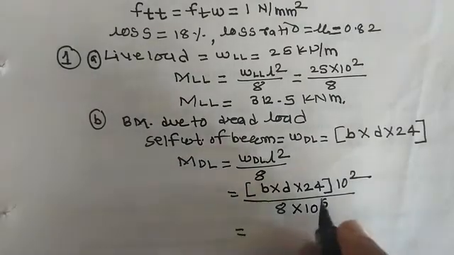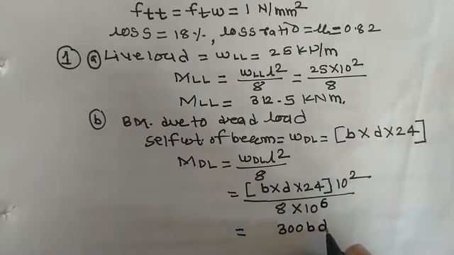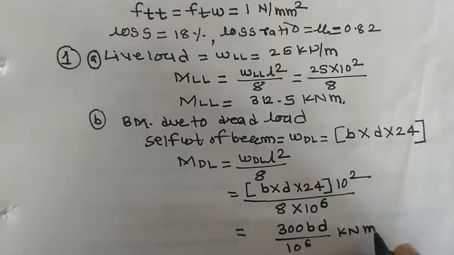After multiplication you get the value, it is 300 B into D divided by 10 raised to 6, it is in kilonewton meter.